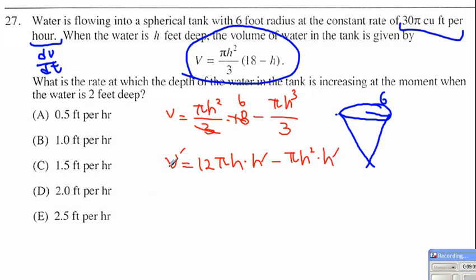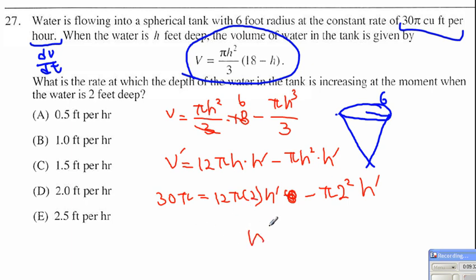Here we realize this portion was equal to 30 pi, equals 12 pi times h, which was 2, h prime, minus, since h was equal to 2, pi times 2 squared h prime. Then after much calculation, this becomes 24, and subtracting 4 becomes 20.